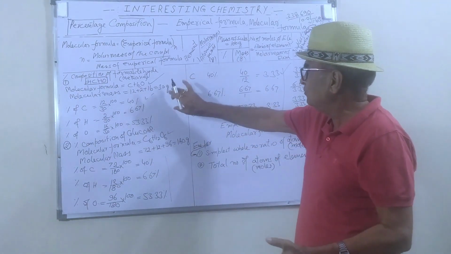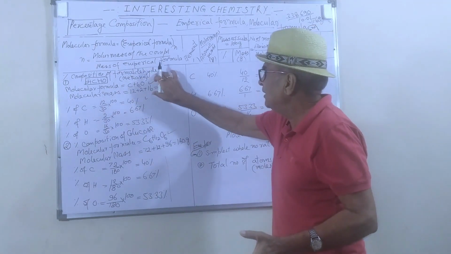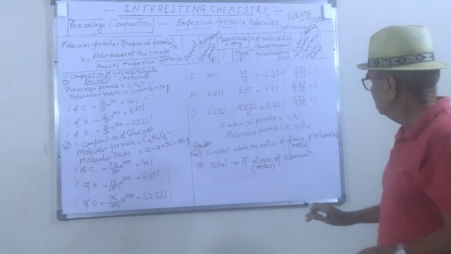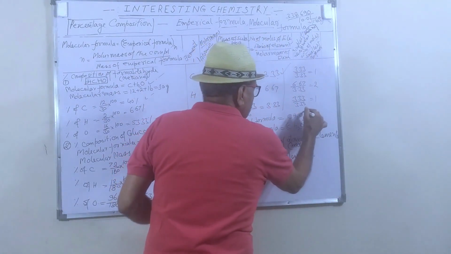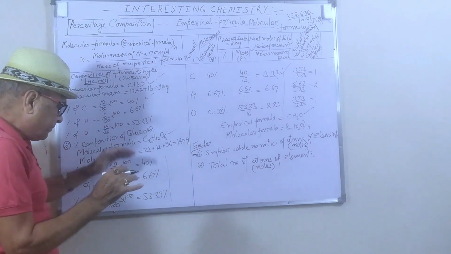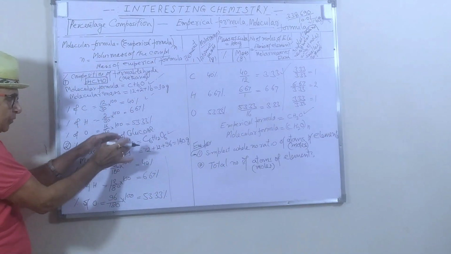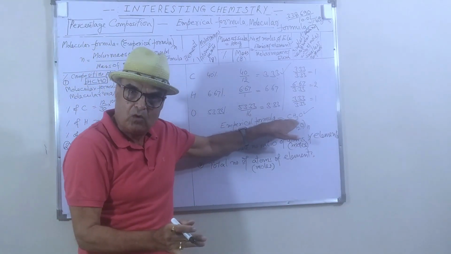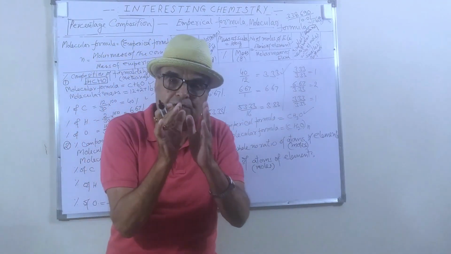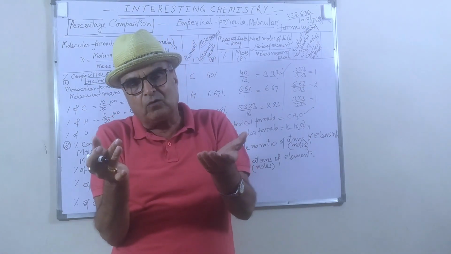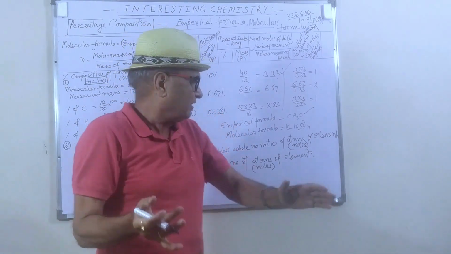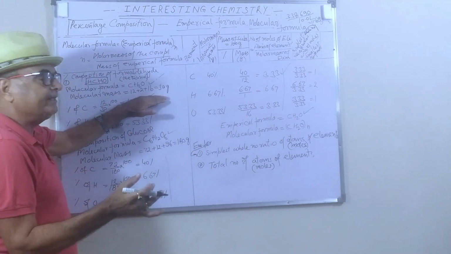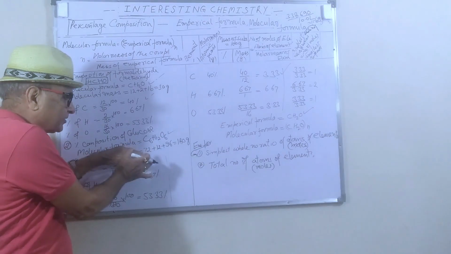The empirical formula of formaldehyde or methanal is CH2O, and the empirical formula of glucose is also CH2O. So here the question arises, how will you find out that this empirical formula relates to formaldehyde or glucose?